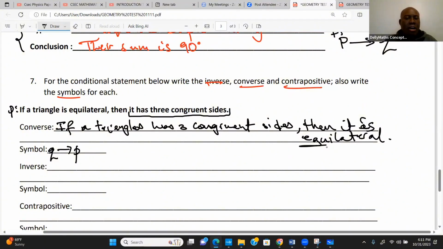So this is a converse where we switch our hypothesis and our conclusion. If a triangle has 3 congruent sides, then it is equilateral. And in terms of the symbol, we switch it, so if Q, then P.